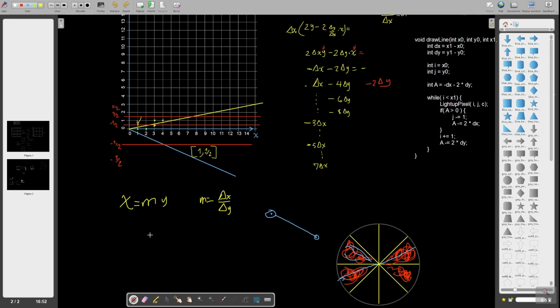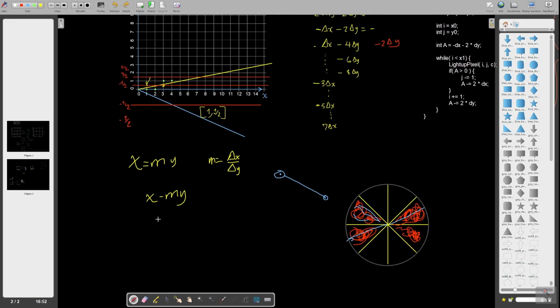So now we're going to evaluate x minus my as our evaluation formula, which would turn into double minus twice my. Do you remember that we did that because the middle point was always divided by 2?